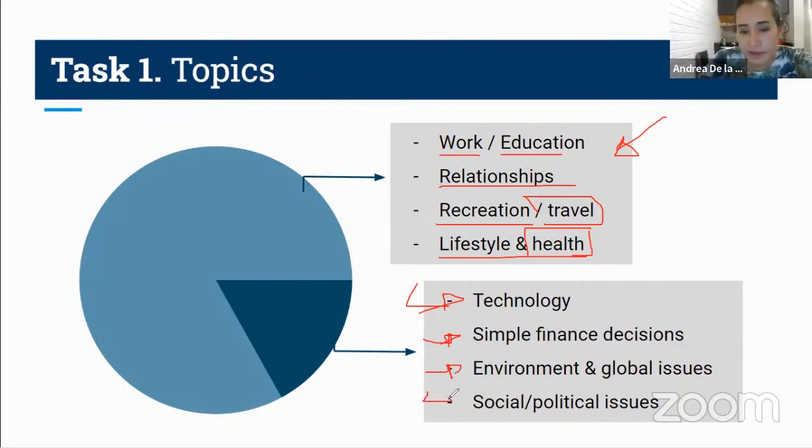And very rarely they ask you about social or political issues, but obviously it won't be anything complicated. It will be something like, do you think that the government should be in charge for 2 to 4 years, or they should spend more than 10 years? Something like that. So it's never going to be something specific about politics.